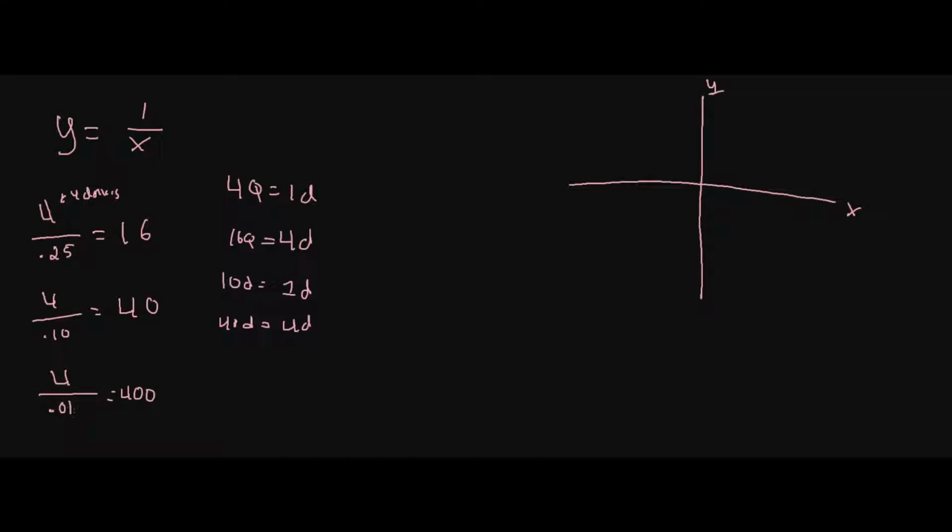There are way more pennies because it's a smaller amount, 400 pennies, whereas a quarter is already 0.25, so there's only going to be 16 quarters to give you $4. So you can see that the closer we divide by 0, the bigger our y values are going to get. Now if we actually try graphing this, we have y equals 1 over x.